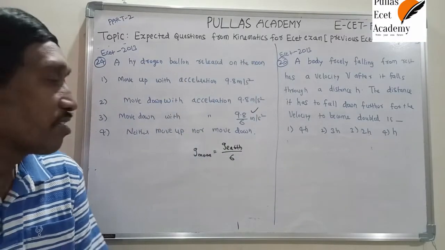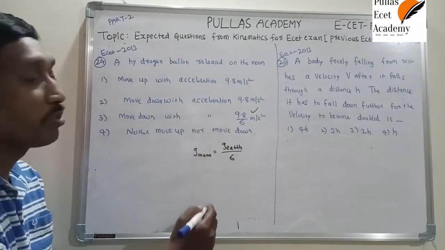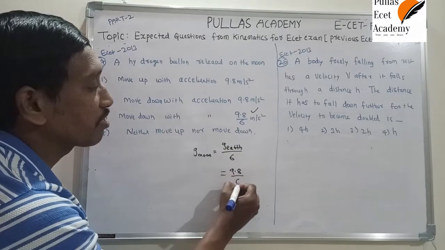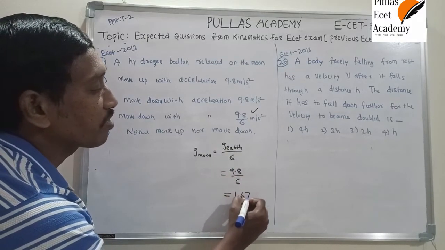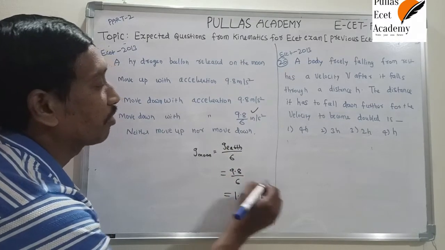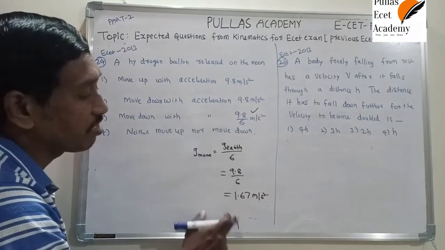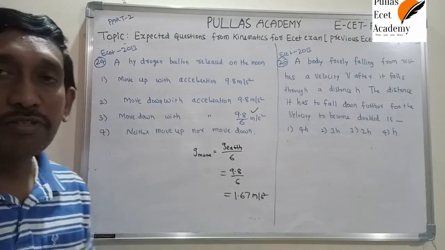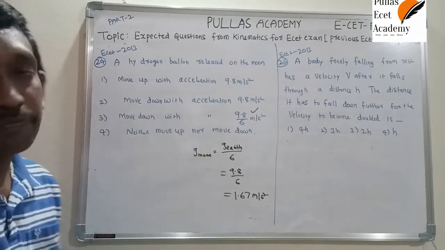On the moon, acceleration due to gravity is g earth by 6, that is 9.8 by 6, nearly 1.67 meter per second square. So this is the answer. That's why this third option is correct.